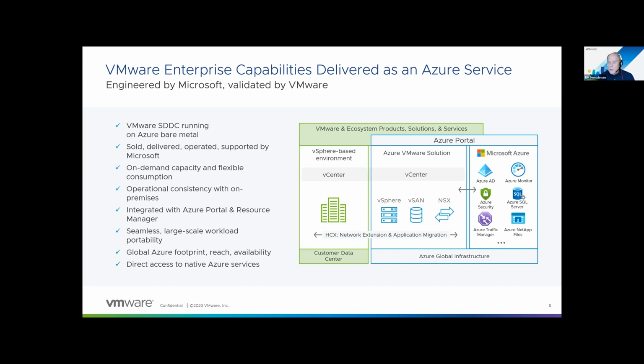And it allows you easy access to hundreds of Azure services that are now running in close proximity to your VMware workloads. Services for identity, for databases, for AI/ML, for storage. All of those services are now a simple connection over the Azure backbone network away from your VMware workloads running in AVS.